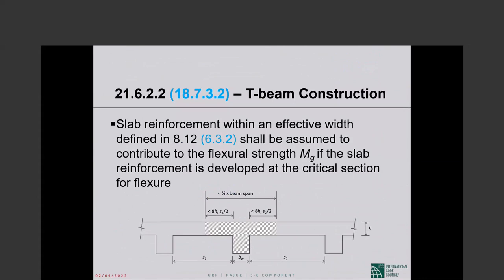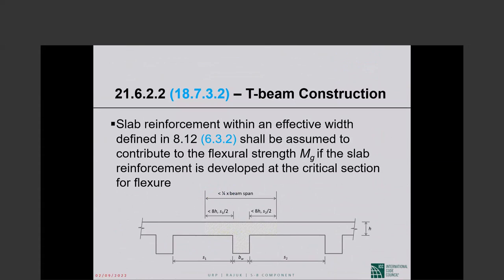Beams, you remember the effective flange width. The top reinforcement that sits in that effective flange width will contribute to the moment strength of the beam. And you must recognize that contribution, because remember, we want to overestimate flexural strength of the beam.